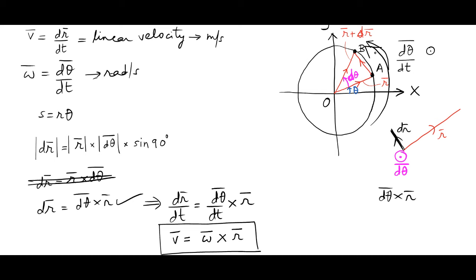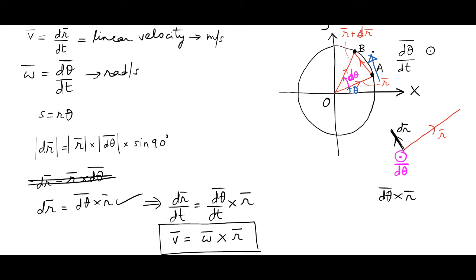So let's look at v bar. The conventional positive direction for v bar would obviously be along the tangent at A in that direction, because that gives rise to an anticlockwise motion. So that's the reference direction for v bar.